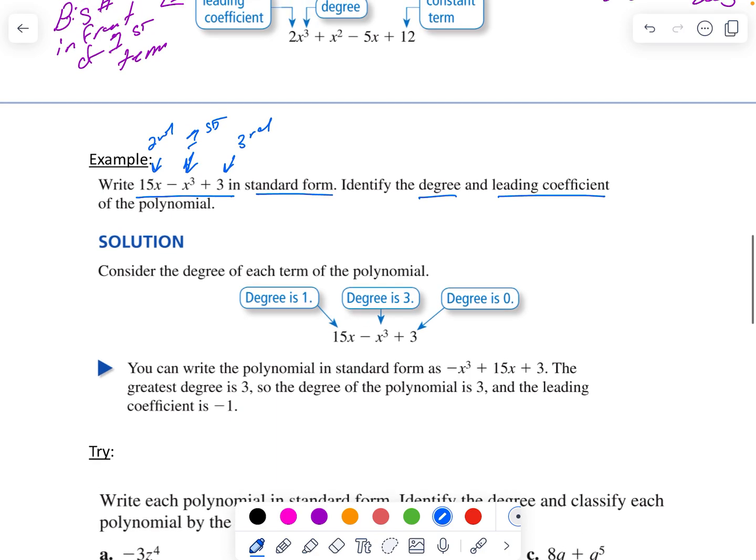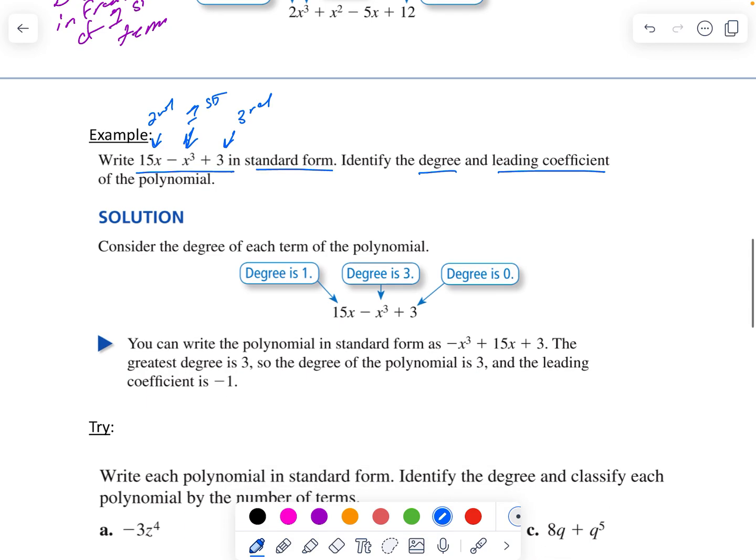And we can see that right here, down here is the answer. So this right here is our standard form for that polynomial. Once we put it in standard form, we can see that the degree is 3. Remember, that's our leading term. And the leading coefficient is -1.